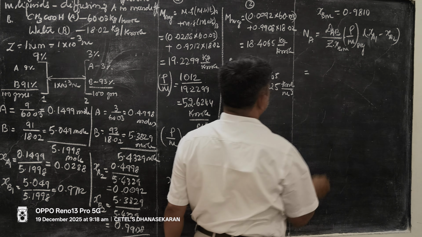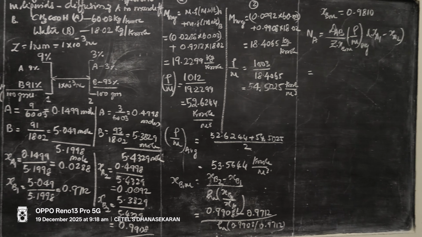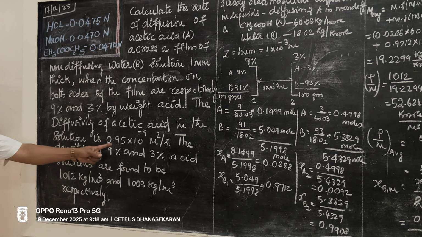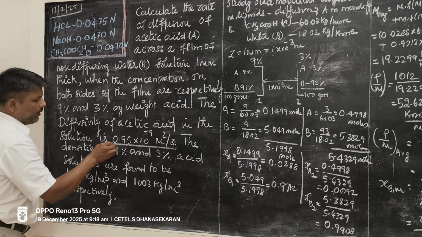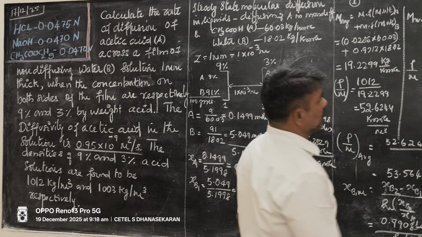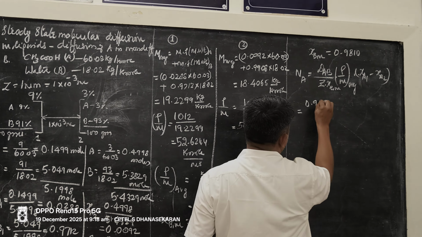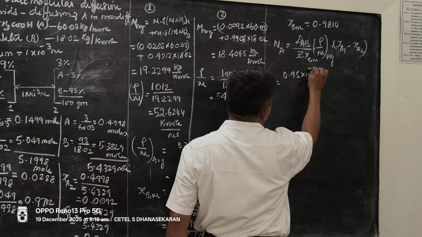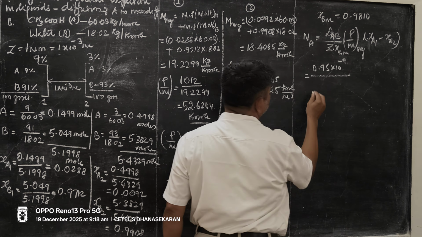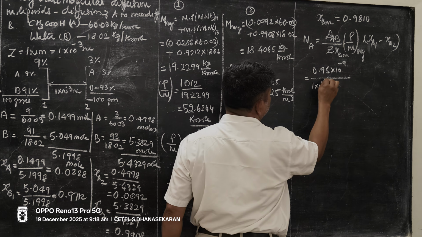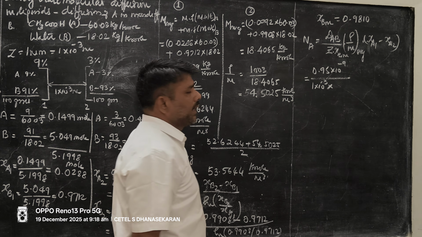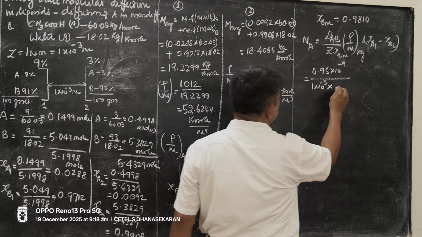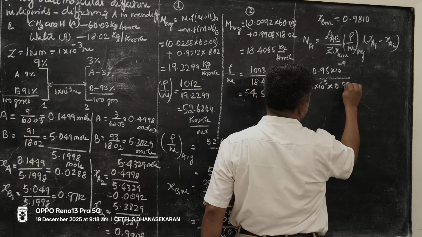So what next? DAB is given, diffusivity of acetic acid in liquid, 0.95 into 10 to the power of minus 9, divided by film thickness 1 into 10 to the power of minus 3, into XB mean value 0.9810.